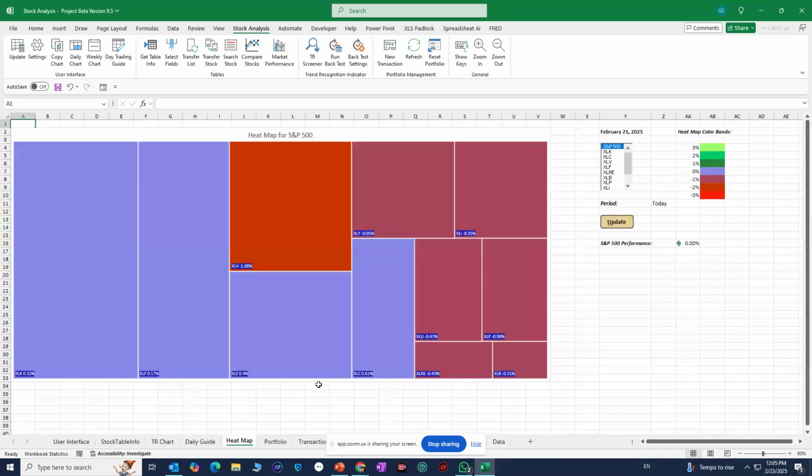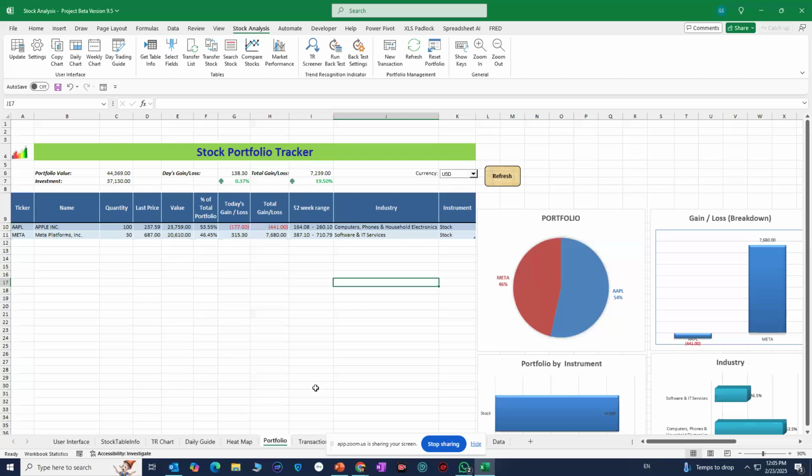It also provides a feature to create heat maps for different sectors of the S&P 500 and the S&P 500 itself. And you can also have a stock portfolio tracker where you can put your purchase and sales history, and it can monitor the daily gain or loss or the overall gain or loss of your portfolio.